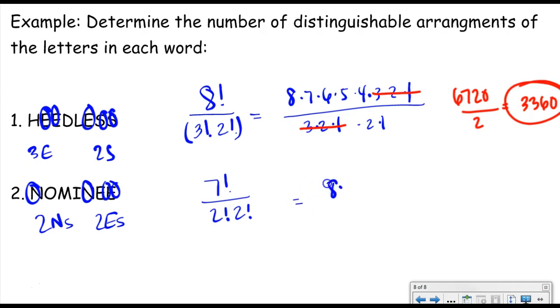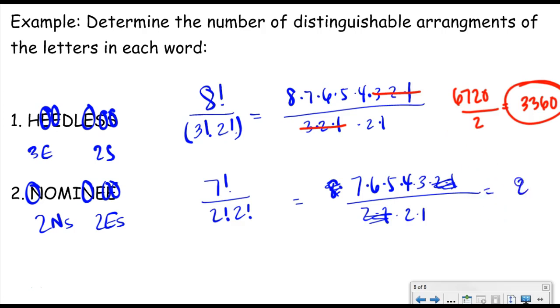Looking at the top, 7, 6, 5, 4, 3, 2, 1, over 2, 1, 2, 1. I notice I have this on top and bottom. So 7 times 6 times 5 times 4 times 3, and I'm dividing that by 2. I get 2,730.